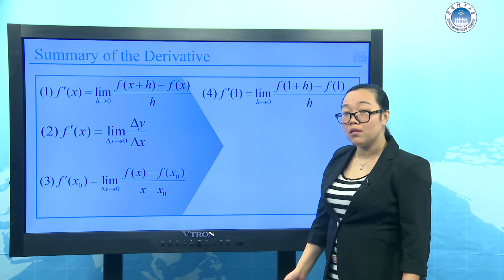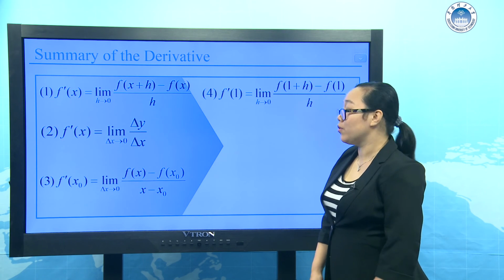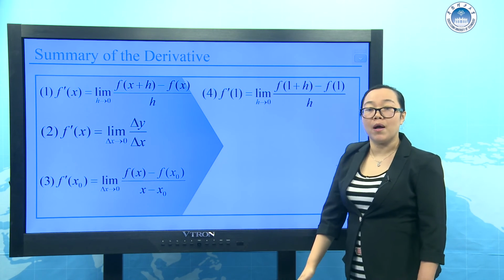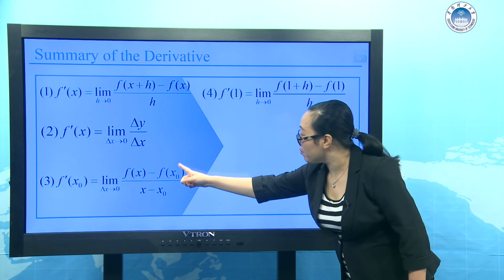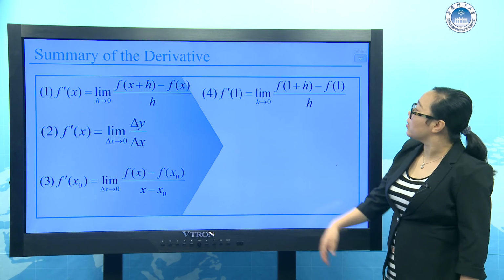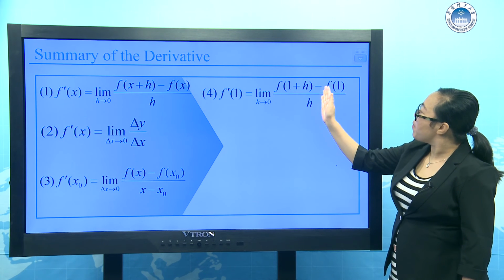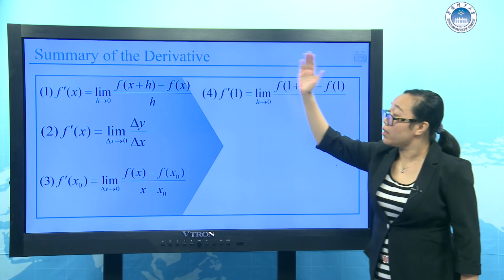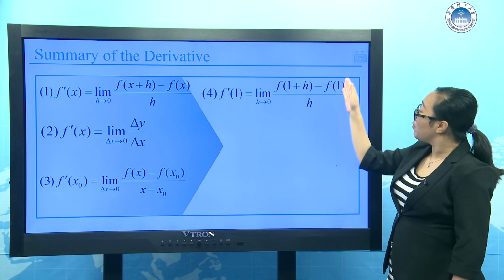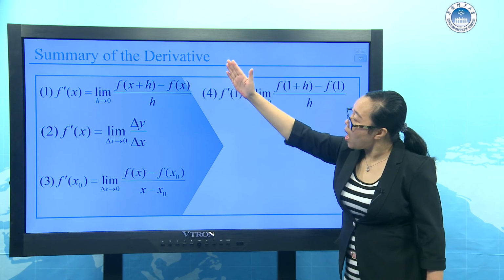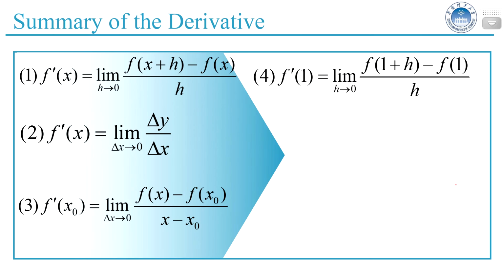So now, a special case. For f prime at any real number, for example f prime 1, 1 means the given point equals 1. So we can write it as f(1 plus h) minus f(1) over h, like this form, okay? x is given equals 1, a concrete number. So the left side, f prime x becomes f prime 1. If f is some concrete function, we can write this and get the limit.